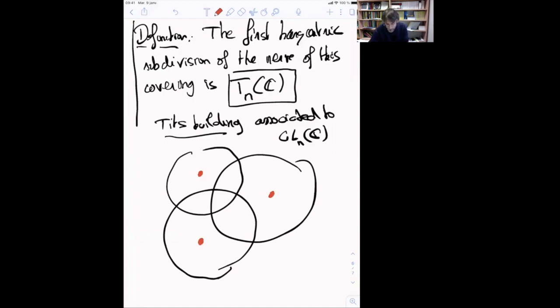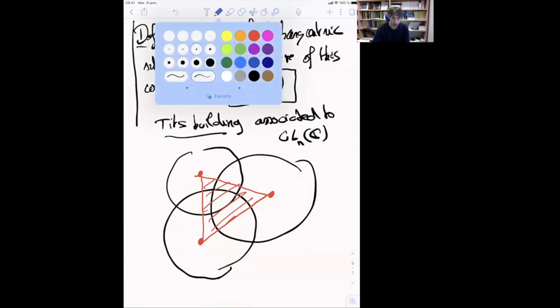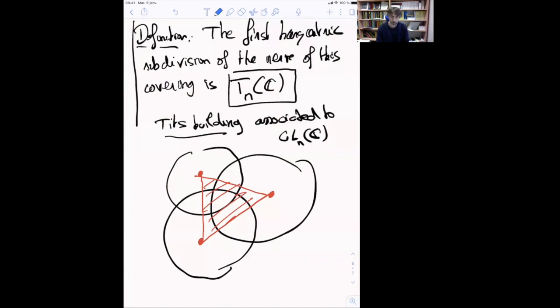You put an edge when two XL intersect. So you have edges here, and you put a simplex when there is a triple intersection. So this is the nerve. This gives you a simplicial complex, and now what is the first barycentric subdivision of this?